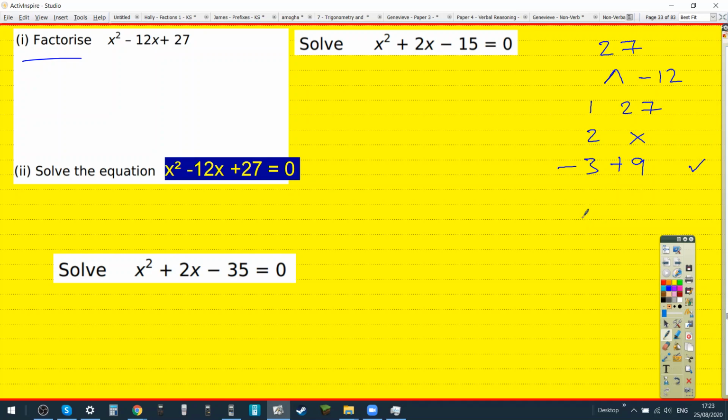I think it would take us both ways actually, on both. Oh, okay. So both minus. So then it will be x minus 3 and x minus 9. That's it.